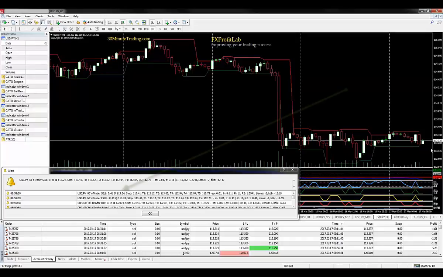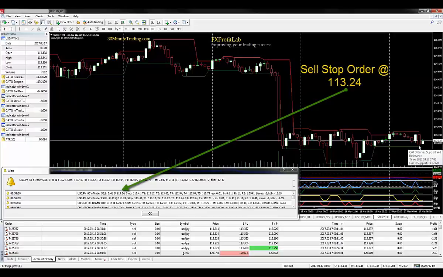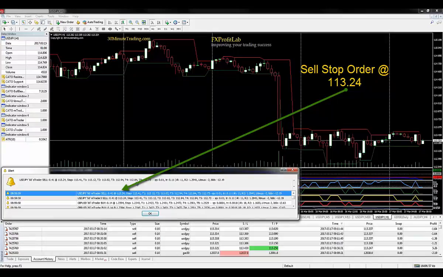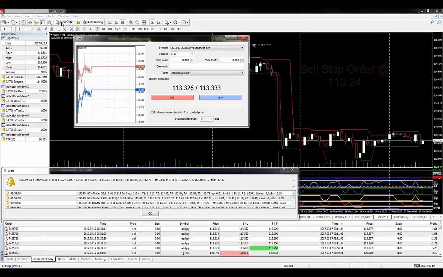Difficult trade. If you wanted to, you could put on a sell stop on that trade alert that we've just got here, and the way you'd do that is you'd press the order like this.